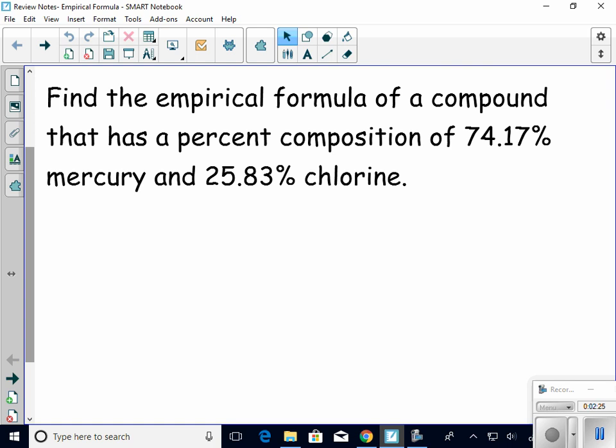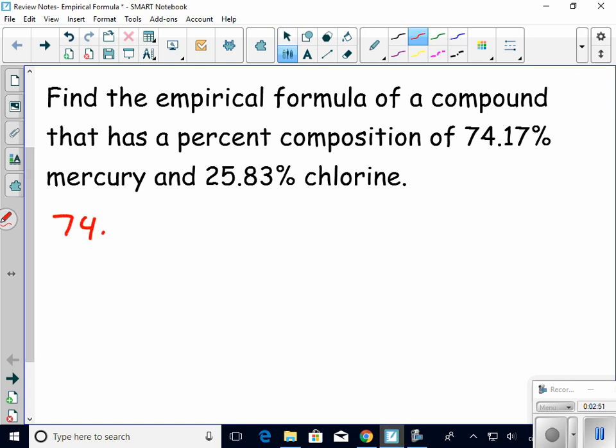Now, Doc Hirsch was right on how we do this. We are given percentages. So for this type of problem, when you are given percentages, we are going to assume that each one of those percentages are grams. So I'm going to start off with writing that I have 74.17 grams of mercury.